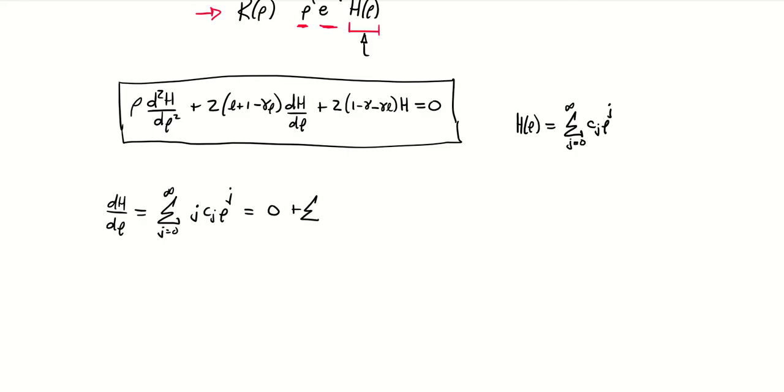So this is the sum over j equal to 1 to infinity of j times c_j rho to the j minus 1. I can then shift these indices and say this is equal to the sum over j equal to 0 to infinity of j plus 1 times c_j plus 1 rho to the j.